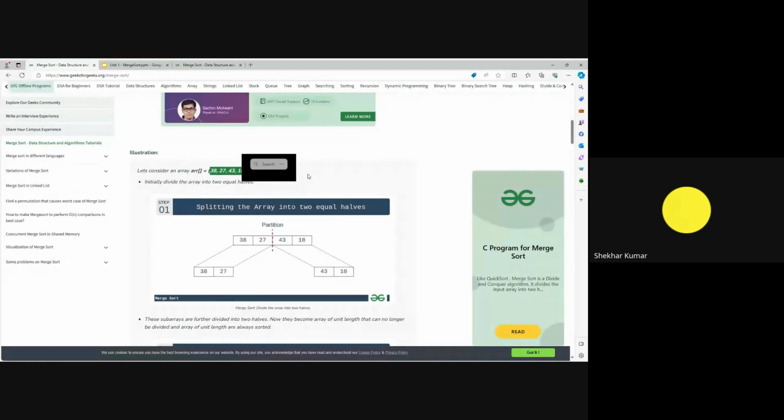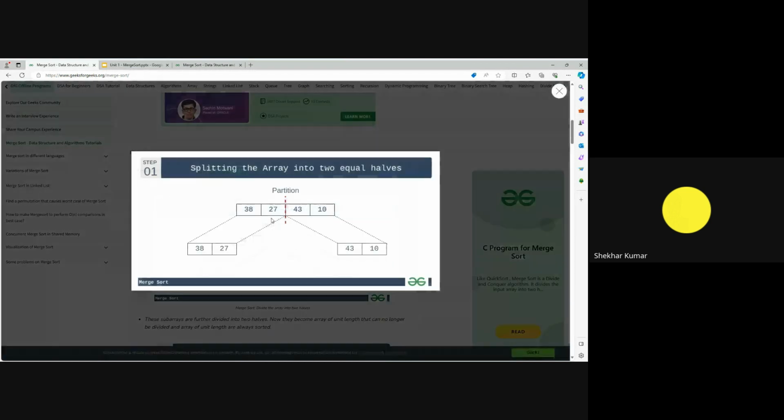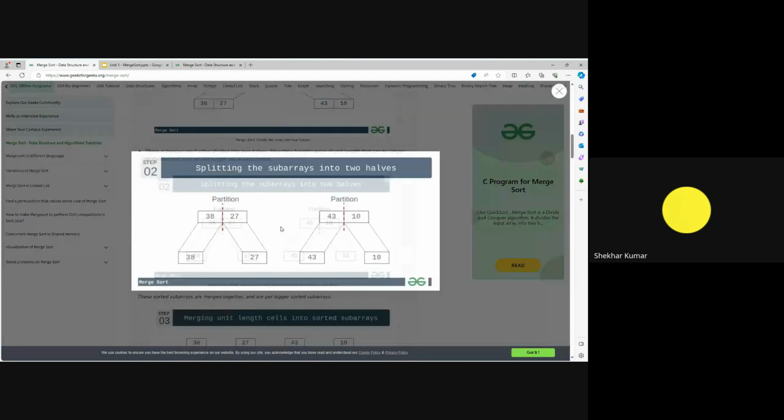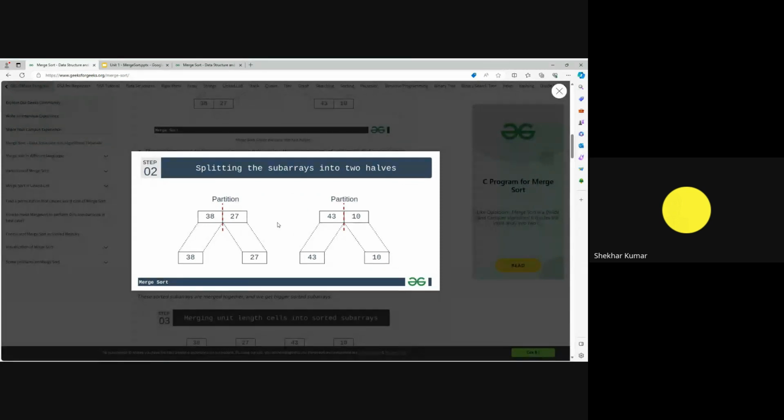In the first step, you divide the array into two equal halves on the basis of the middle index. There are two subarrays. In the next step, you again split the subarrays into two equal halves until the problem becomes minimum.